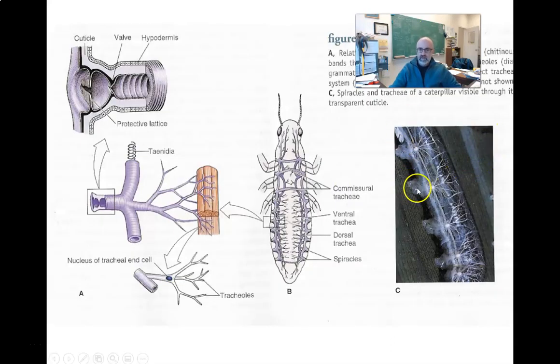Okay, so here's an example. This is a caterpillar. You see his little feet. This, and this. These are the spiracles. Okay, and what they are, you can see them here. Here are the spiracle openings, and those go back and are connected to a series of tubes.